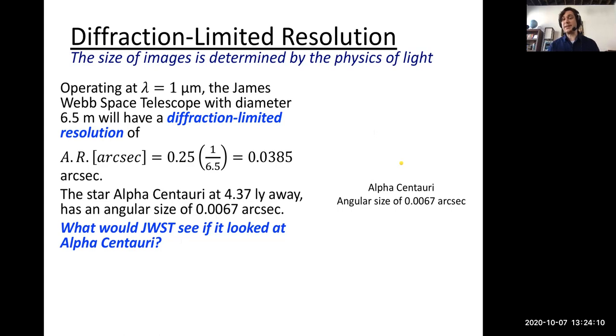What would the James Webb Space Telescope see? Well, the smallest image it can make is much bigger than 0.0067 arc seconds. It's 0.0385 arc seconds.